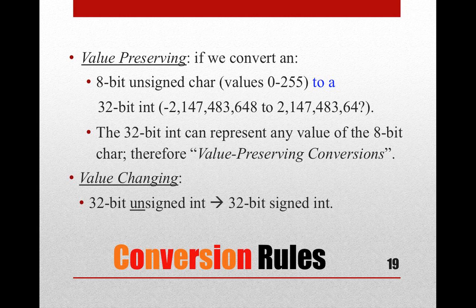Obviously, for something like this, where you have an 8-bit unsigned character, it's going to fit into this one right here, which is an integer. It's a signed integer, so the 32-bit can represent any value of the 8-bit. This would be one that's changing, because with the unsigned you wouldn't be able to represent that in all positive numbers.